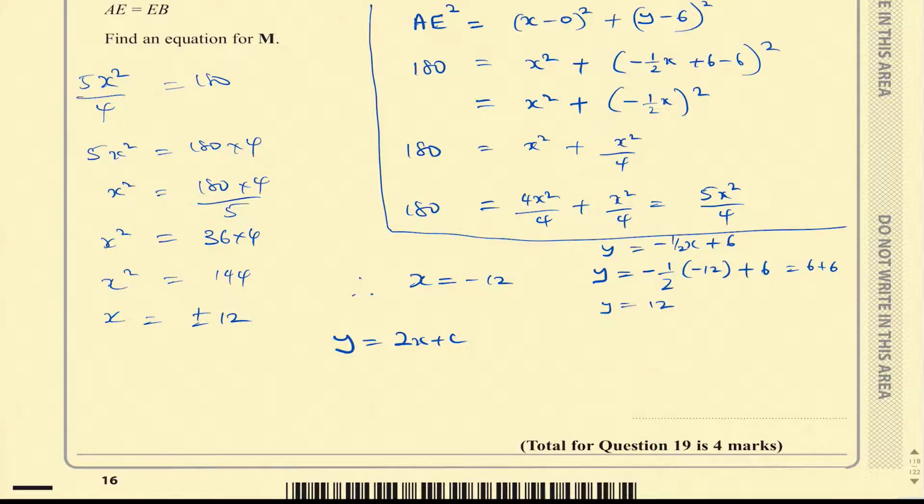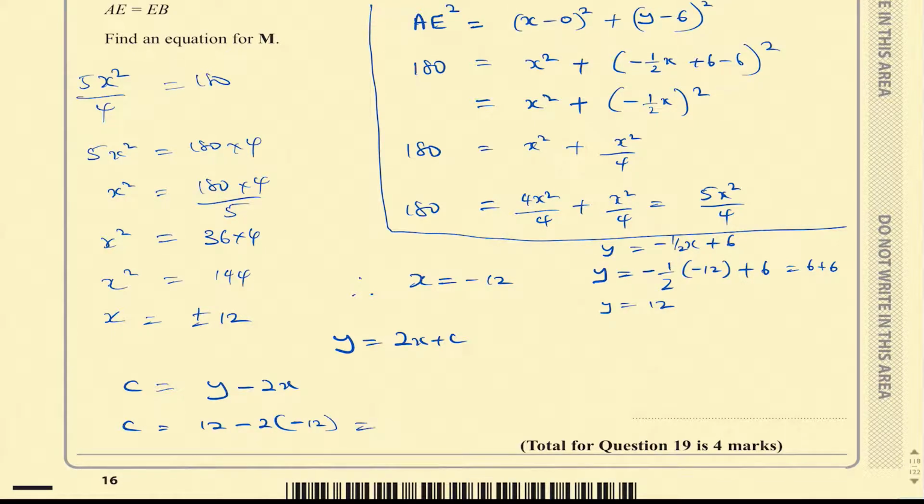So c is equal to y minus 2x, which implies that c equals 12 minus 2 times minus 12.